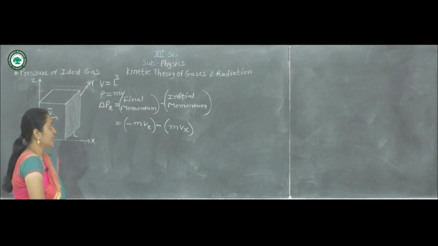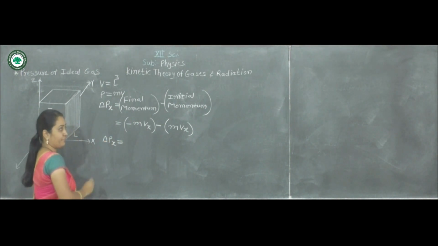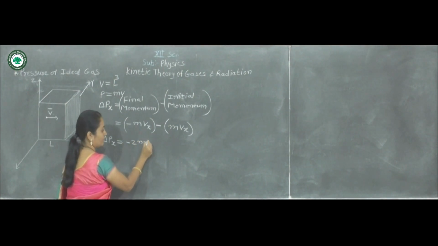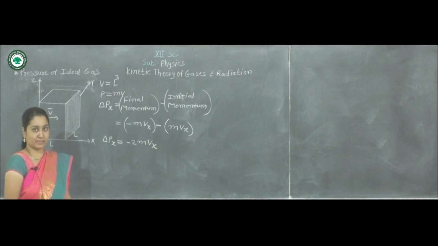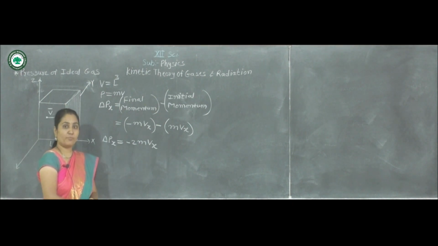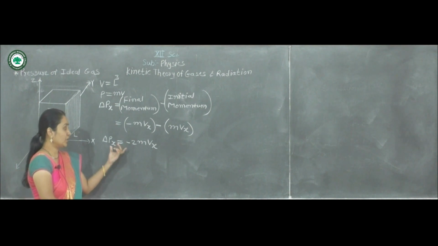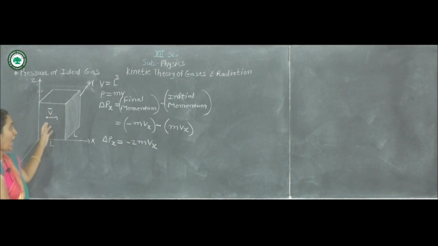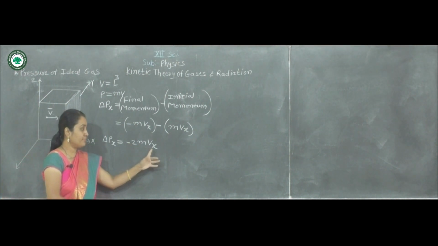So the total change in momentum delta px is equal to minus 2mvx. But if we consider the magnitude of the momentum, then we can say the momentum of a gas molecule applied on this wall is 2mvx.